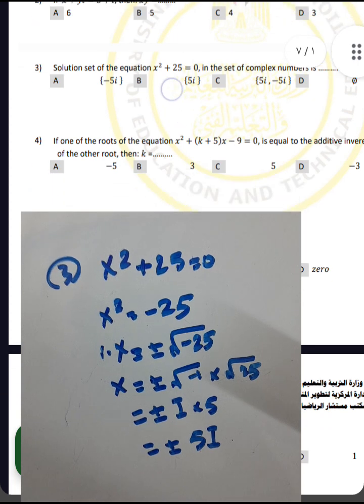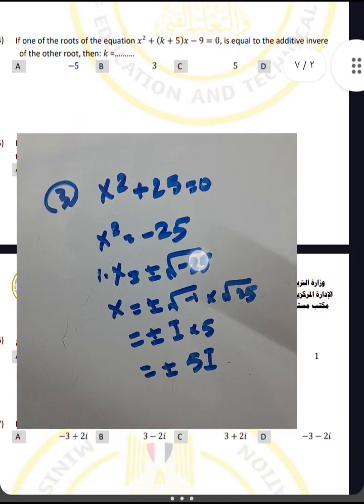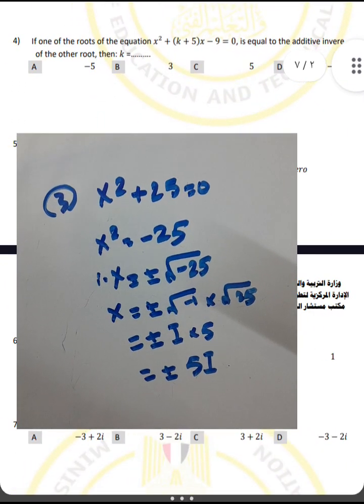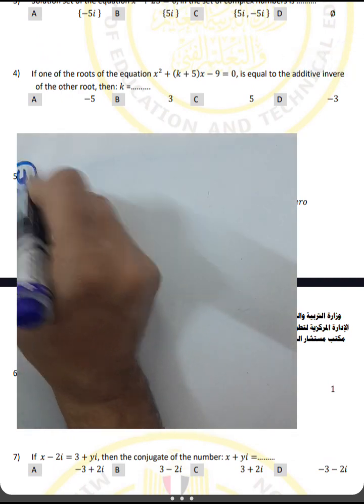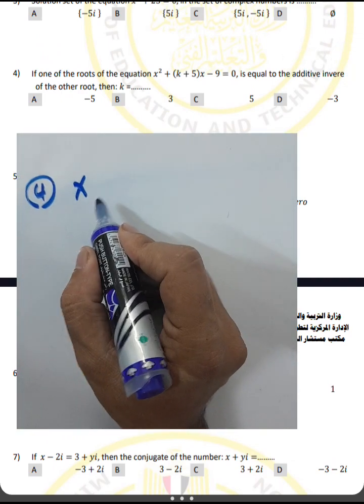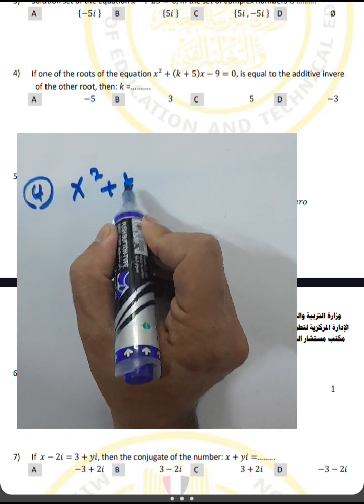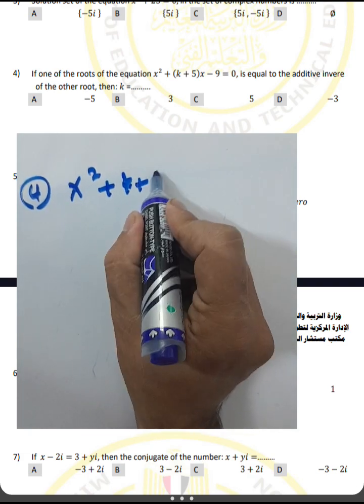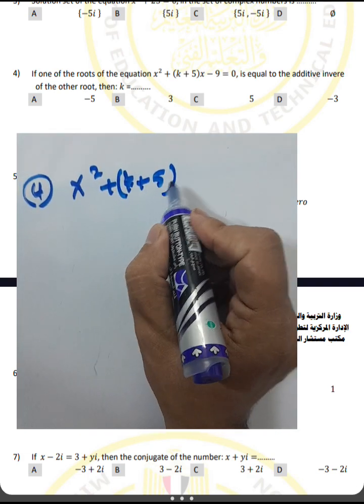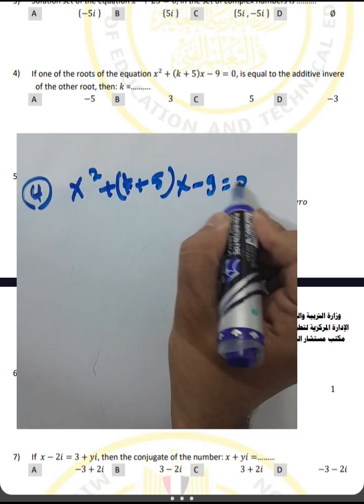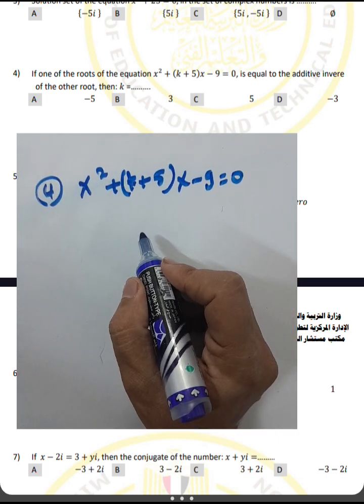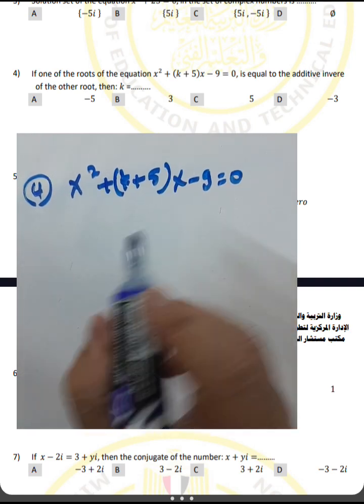Next, question number 4. If one of the roots of the equation x power 2 plus k plus 5 product x subtract by 9 equals 0 is equal to the additive inverse of the other root, then k equal.